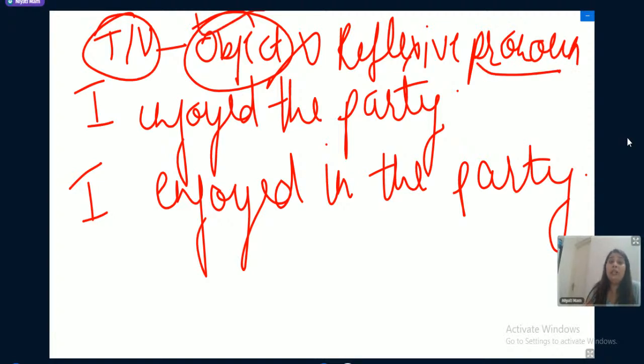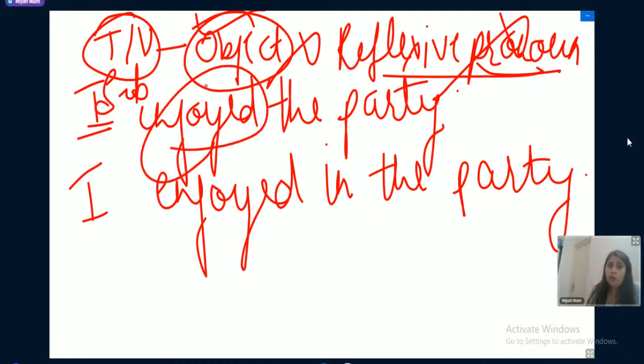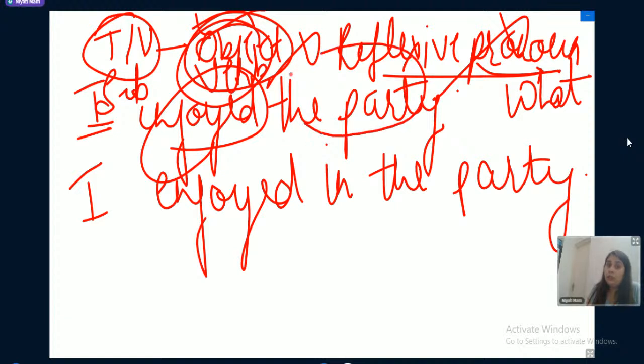But if an object is there, then a reflexive pronoun is not needed. Now in this sentence, I enjoyed the party. I is the subject, enjoy is the verb. I enjoyed what? The party. So the object is here, and we need not add a reflexive pronoun in the sentence.